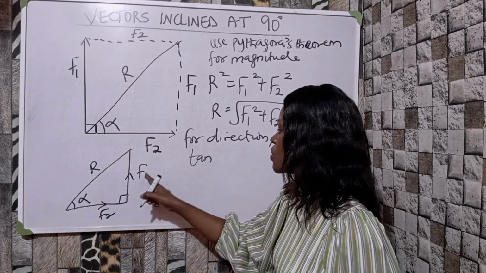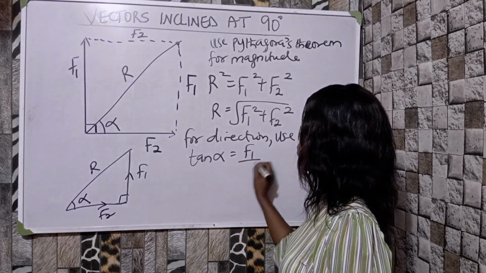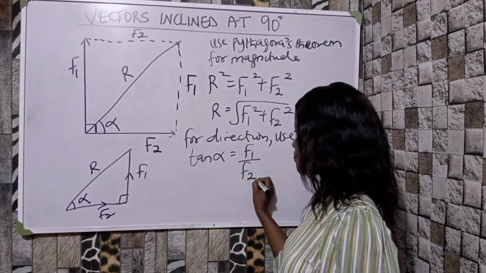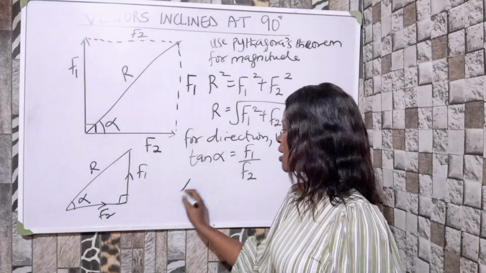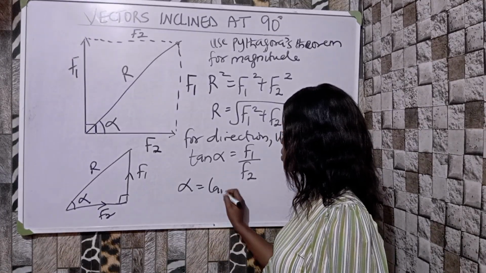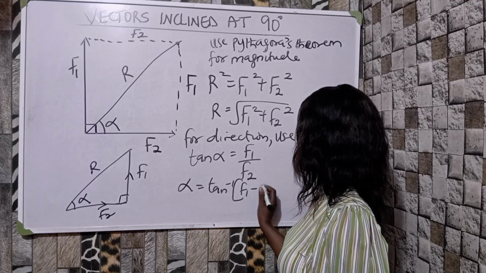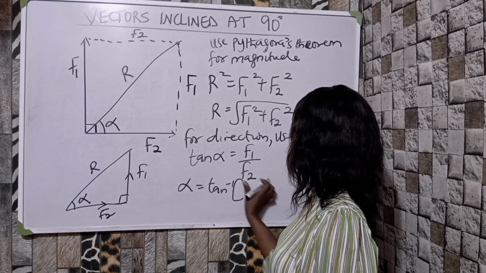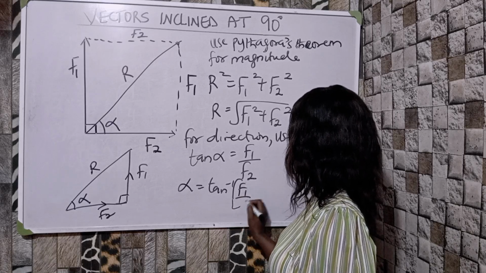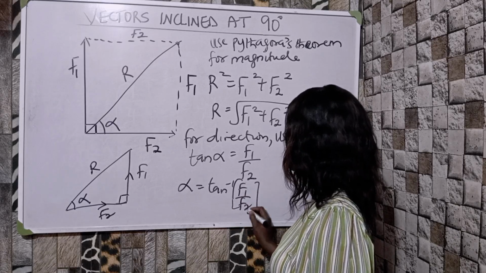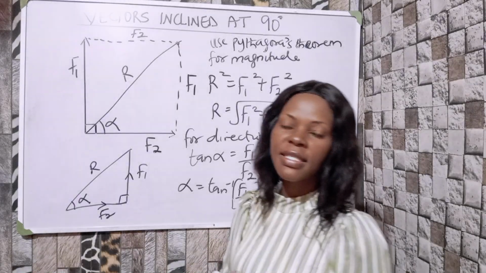Tan alpha is opposite over adjacent, so that is F1 over F2. Since I'm looking for alpha, which is direction, I'm going to say alpha is equal to tan inverse of F1 over F2. That is going to give us the alpha.